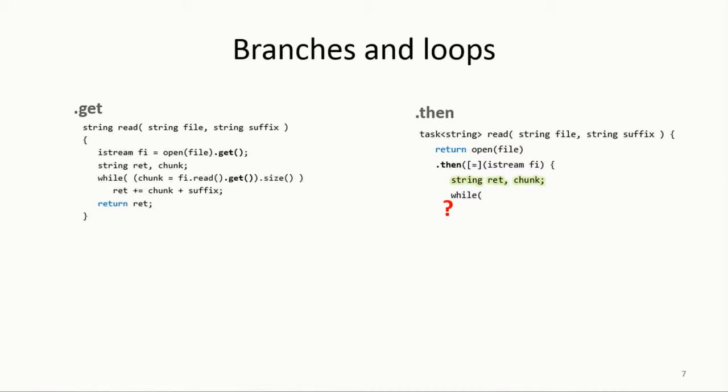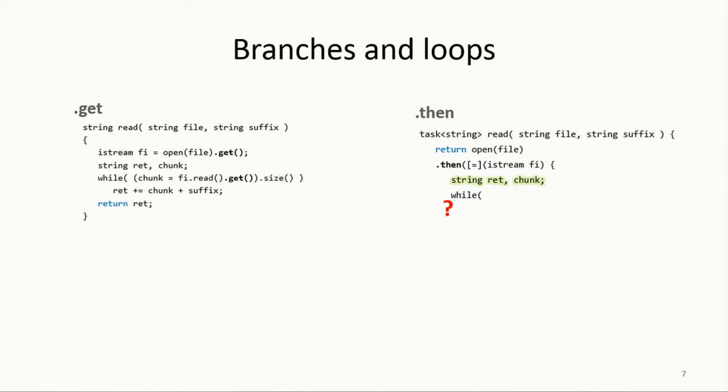Now, it turns out this is actually extremely tricky. We can't just cycle over the file because every time we have a chunk available, we don't actually have a chunk. We have a promise that we'll have a chunk in the future. So every time after a chunk, we have to post another continuation callback. So we have to say, take the chunk, and at the end of the chunk, post a continuation, and then post a continuation at the end of the next chunk.